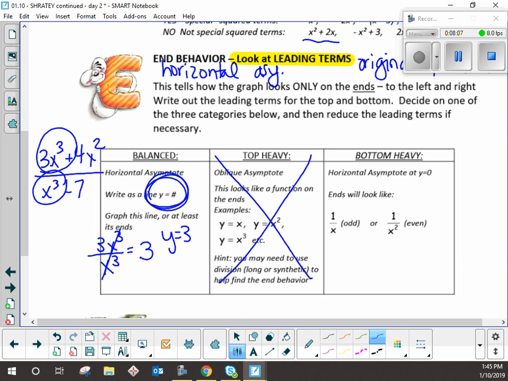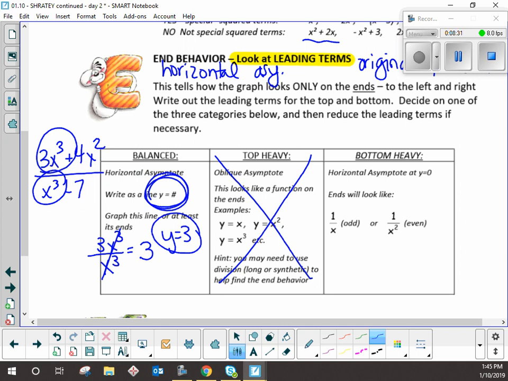So you'd say, oh, okay, my horizontal asymptote is y equals 3. And then it says here, graph this line or at least its ends. At least its ends. Now, this is for when the degrees are equal.